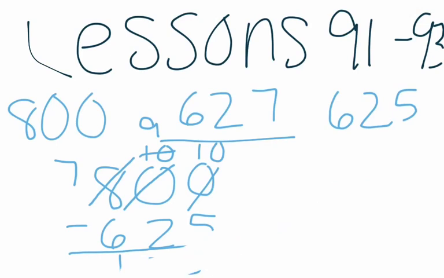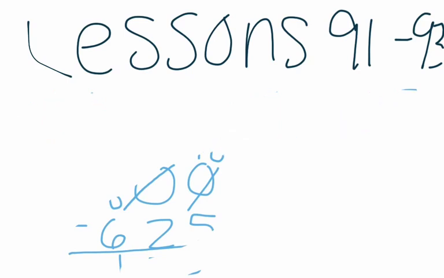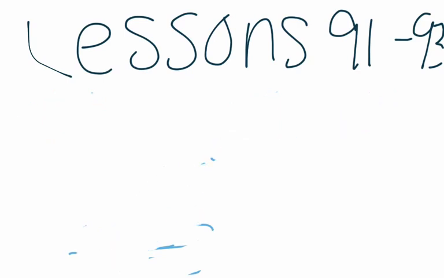Okay, last lesson. Let me erase this. Alright, lesson 93. If you want to start flipping there in your textbook while I'm erasing, awesome. Lesson 93, we talked about estimating the products. Remember, a product is the answer to a multiplication question.